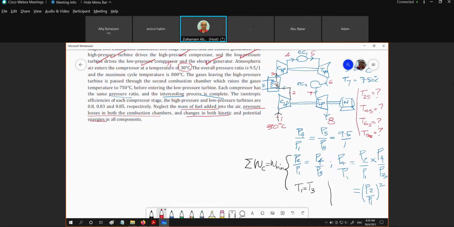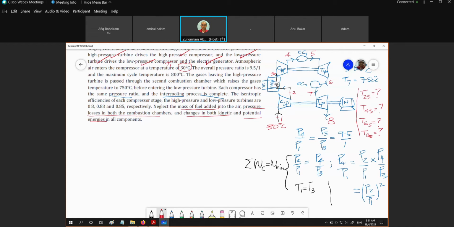Meaning that what we are having right here is just the Q and W: the W for compressor and turbine, and the Q for combustion chamber number 1 and combustion chamber number 2. Okay? So is there any mechanical efficiency? Oh, there's no mechanical efficiency, so that will make our work easy. Okay?